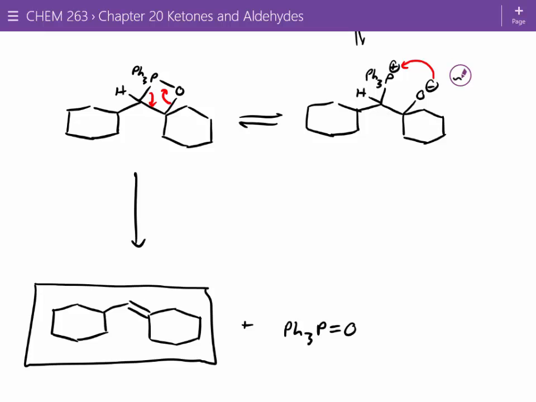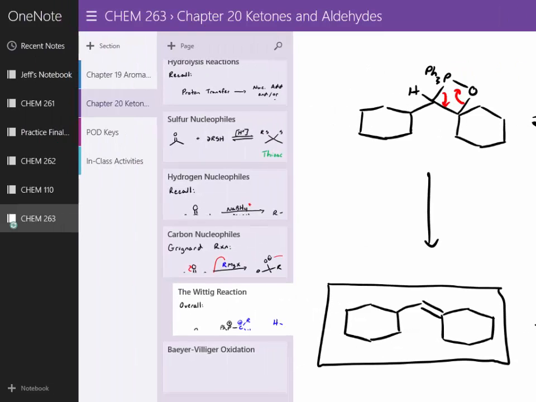So this is one of the few reactions where you see a four-membered ring as an intermediate, but the driving force is the formation of that triphenylphosphine oxide. All right, let's go to our next reaction, and then if we have time, we'll jump into some practice reactions that involve both of these. But I just want to make sure we have enough time to get through the last one.